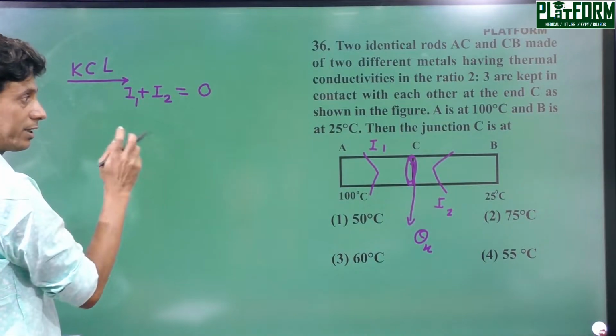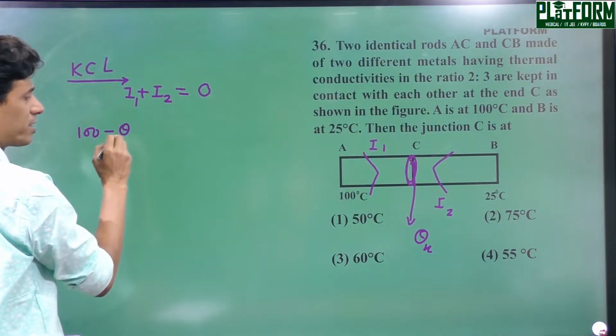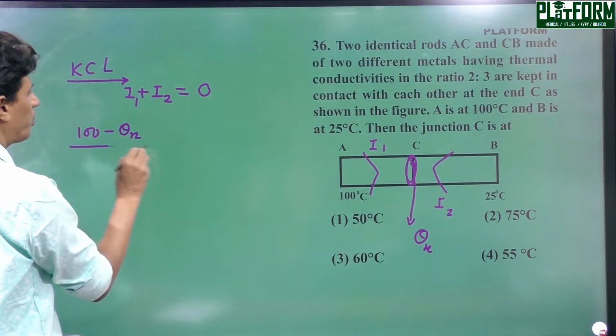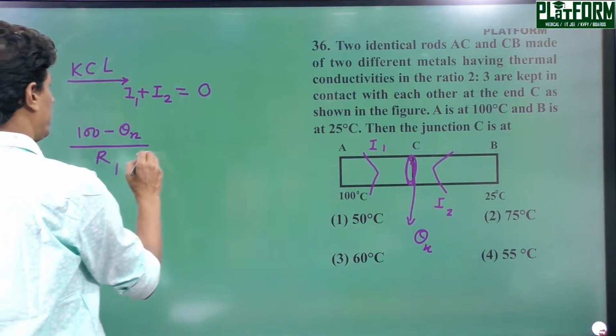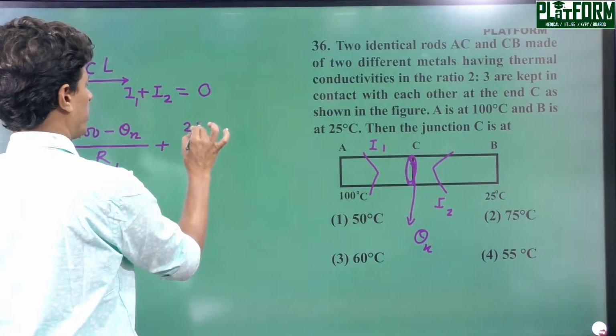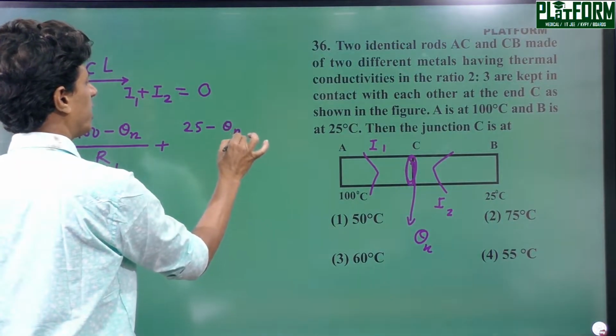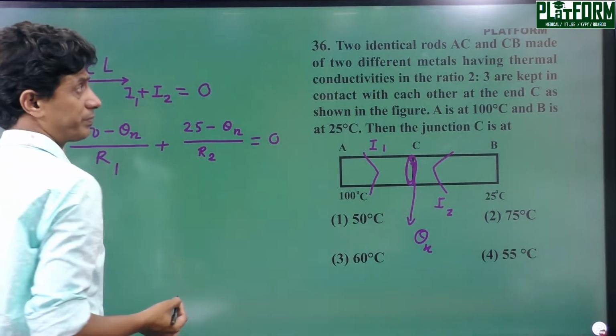Here you have to write the temperature difference: (100 minus theta) by thermal resistance R1, plus (25 minus theta) by thermal resistance R2, equal to 0.